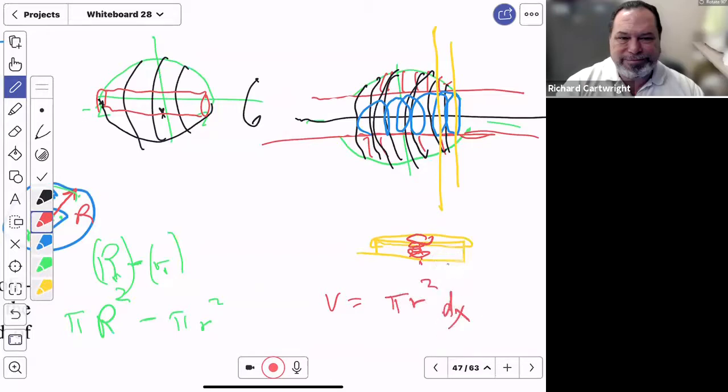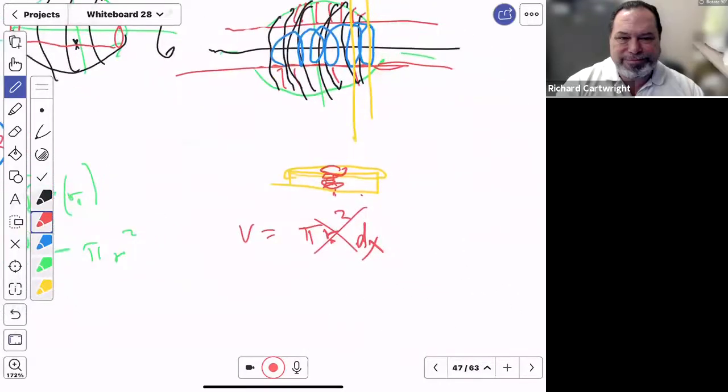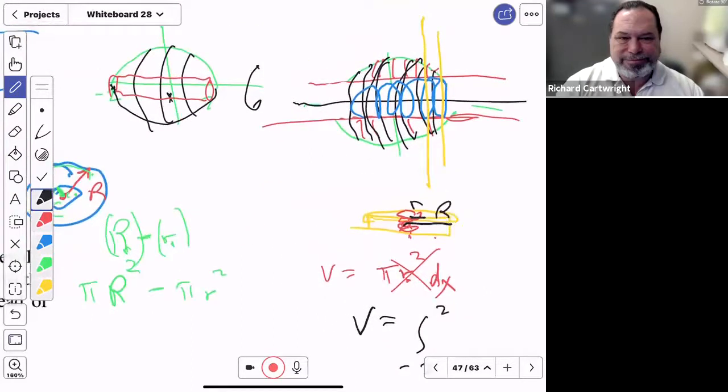But no longer can I use that because there's two radii. I do have the big radius, but then I also have the small radius. So in terms of my calculus, my volume was still going to go from -2 to 2, because that's how I made it.